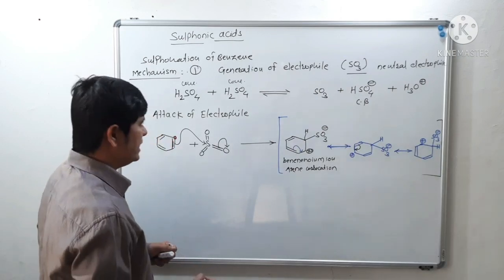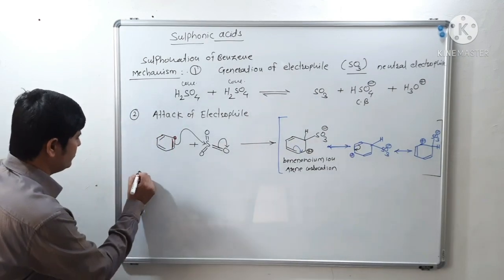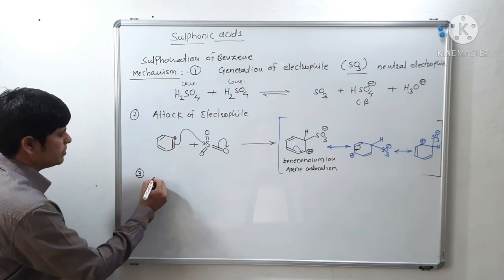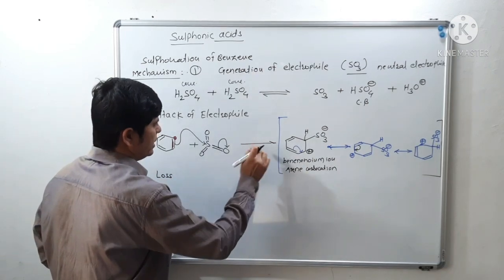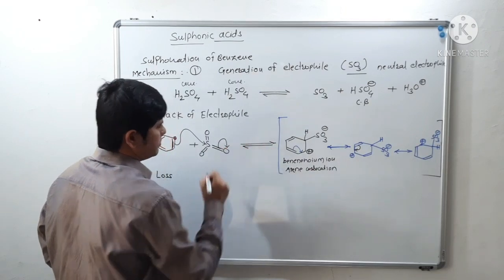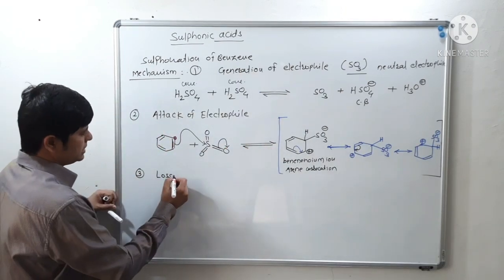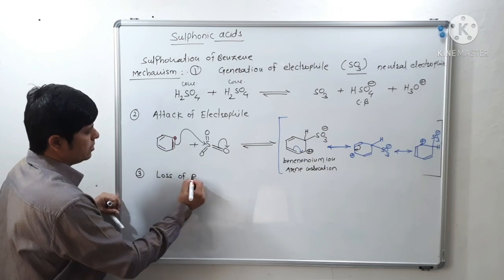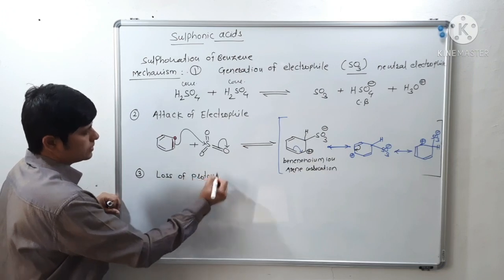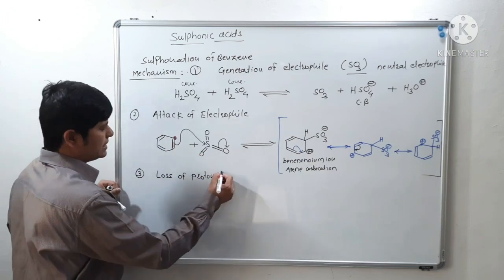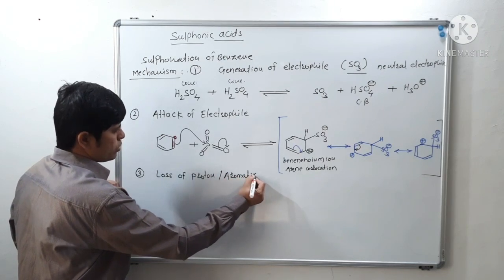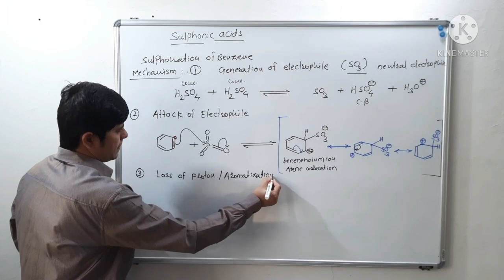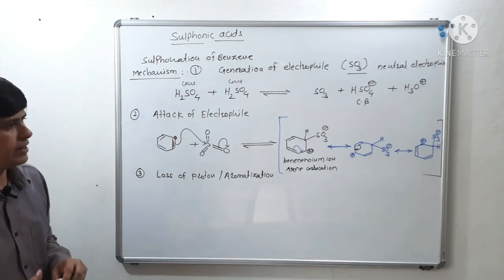Now see, the third step will be loss of proton, or we can say aromatization. Remember, this step is also reversible. We can take any of these intermediates for showing loss of proton or aromatization.